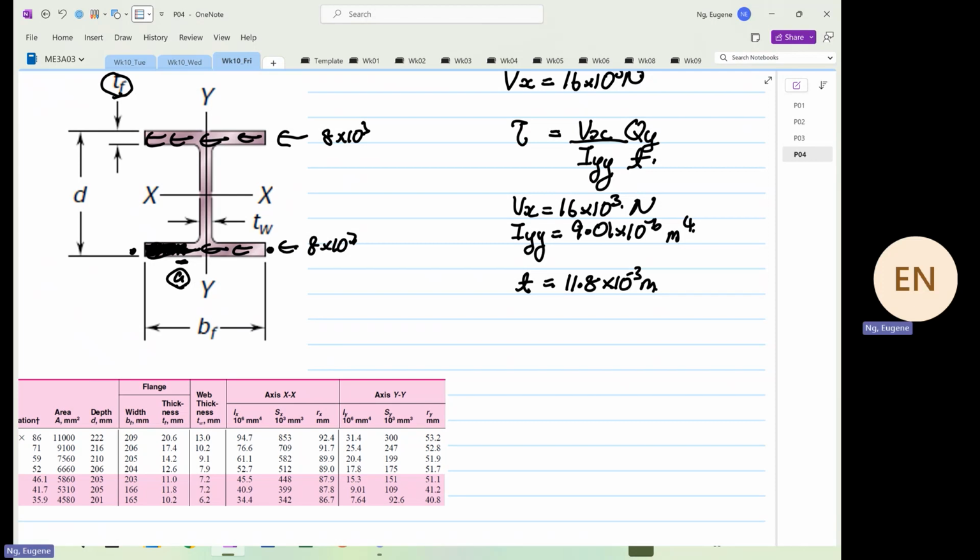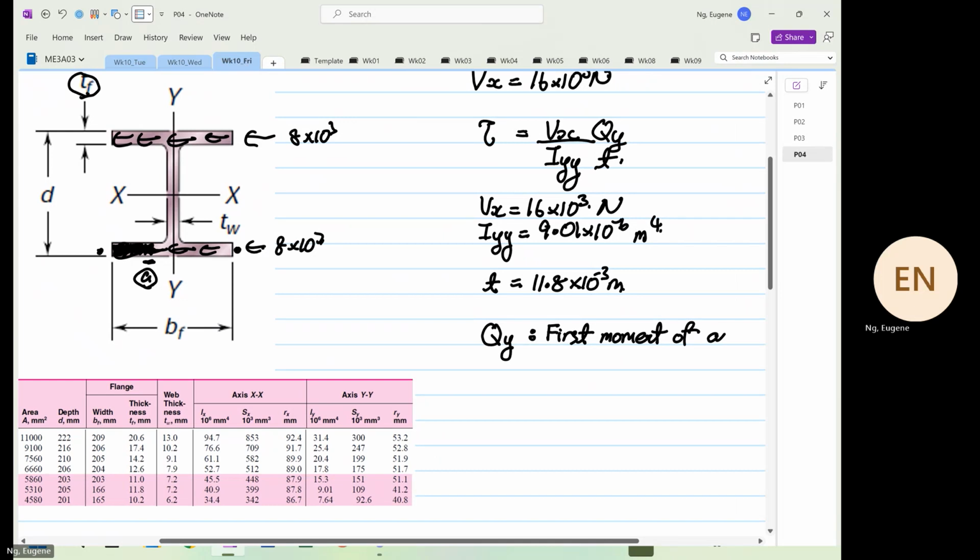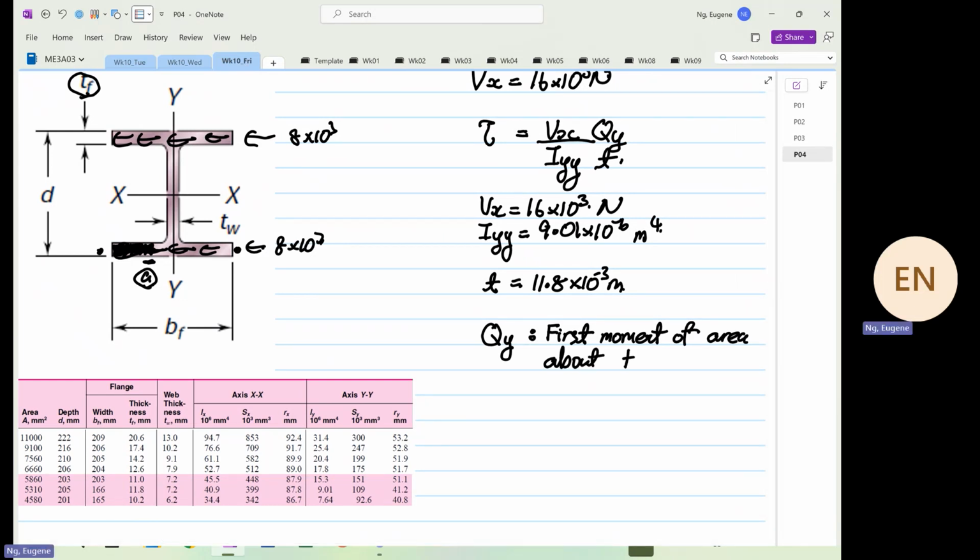So the next thing we have to do is Qy. What does Qy mean? Qy means the first moment of area about the y-axis.